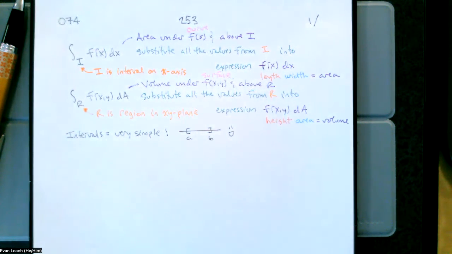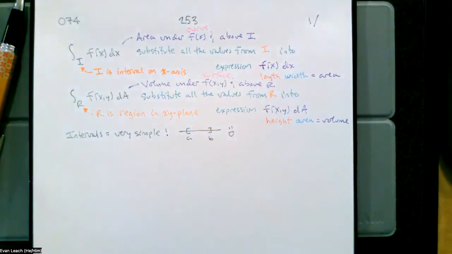That's why we never even bothered using the notation integral over I. We just said, let's go from A to B. Let's just always list the interval that way. But now regions can get weird.